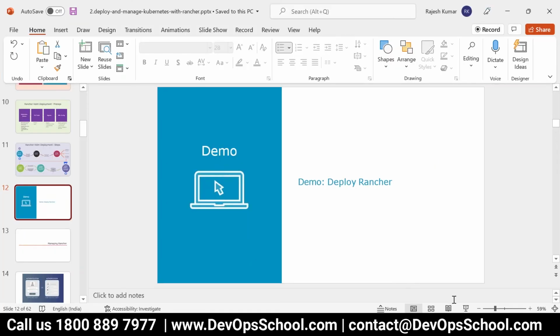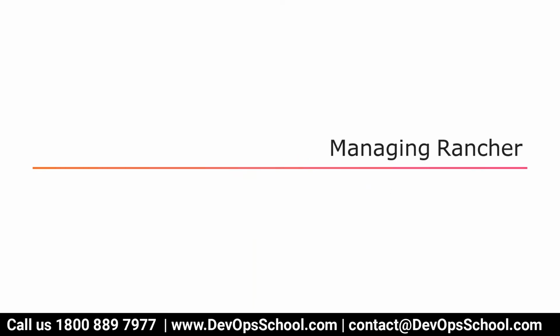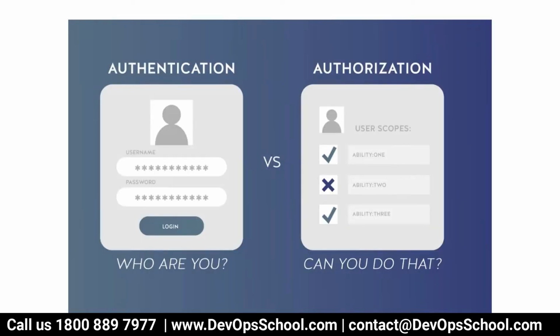So let's get started. The first thing is understanding authentication and authorization. Authentication means how you can log into Rancher, and authorization means once you have logged in, what you are allowed to do. So we have two things, authentication and authorization.